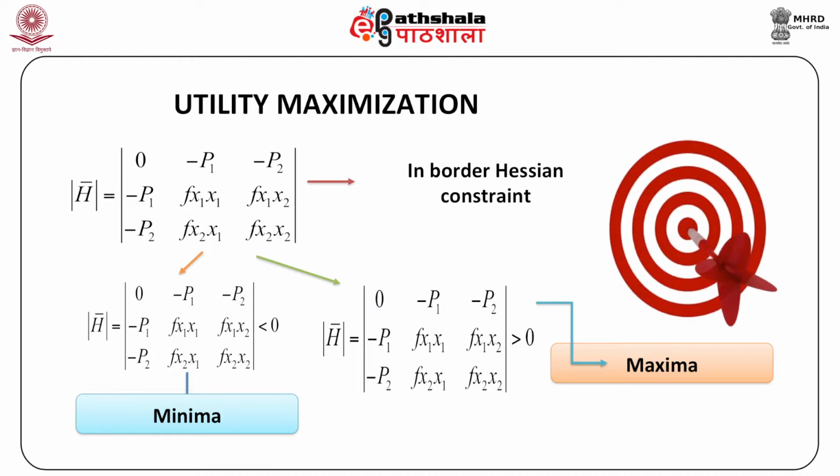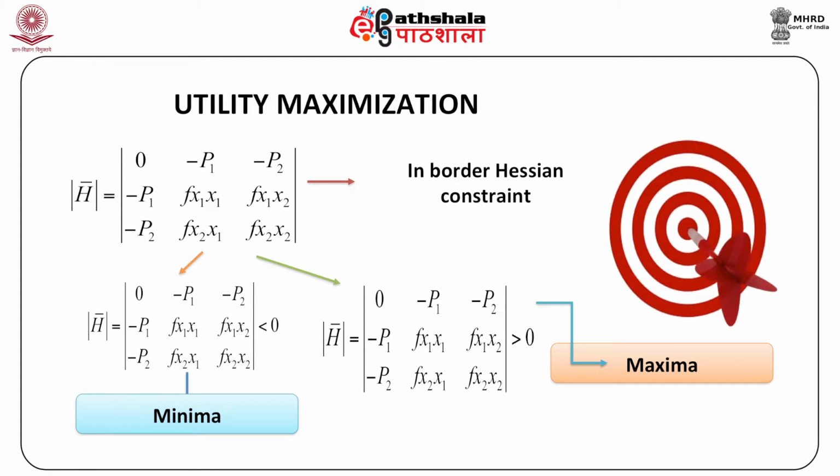In the bordered Hessian, the constraint is used as a border. The bordered Hessian is the matrix with rows 0, minus P1, minus P2; minus P1, f_x1x1, f_x1x2; minus P2, f_x2x1, f_x2x2.